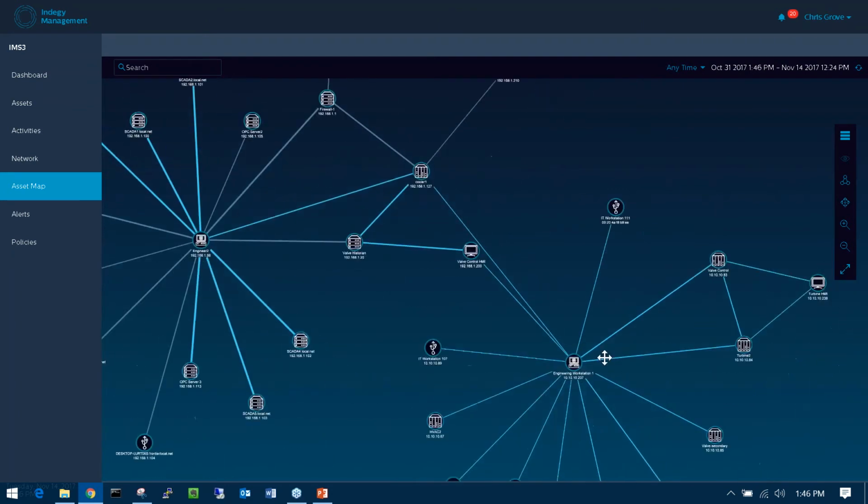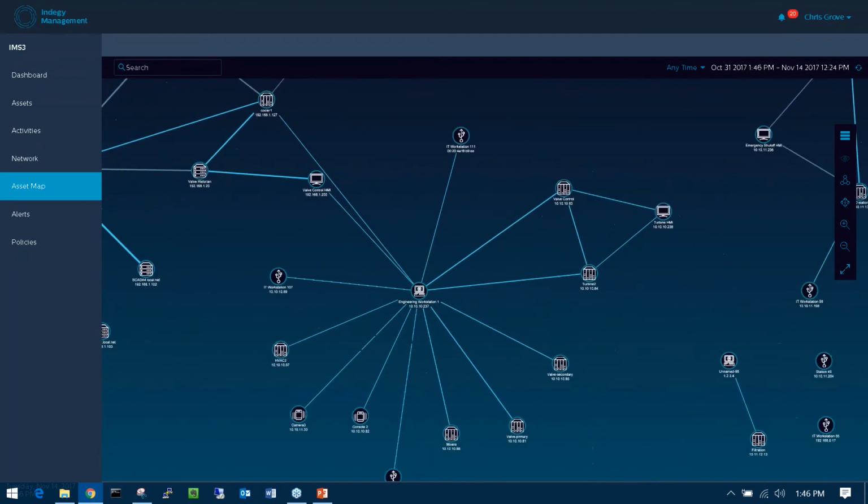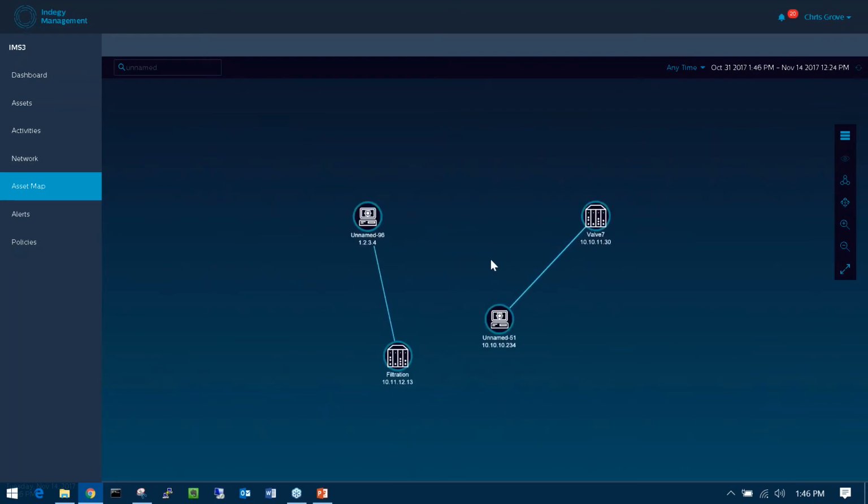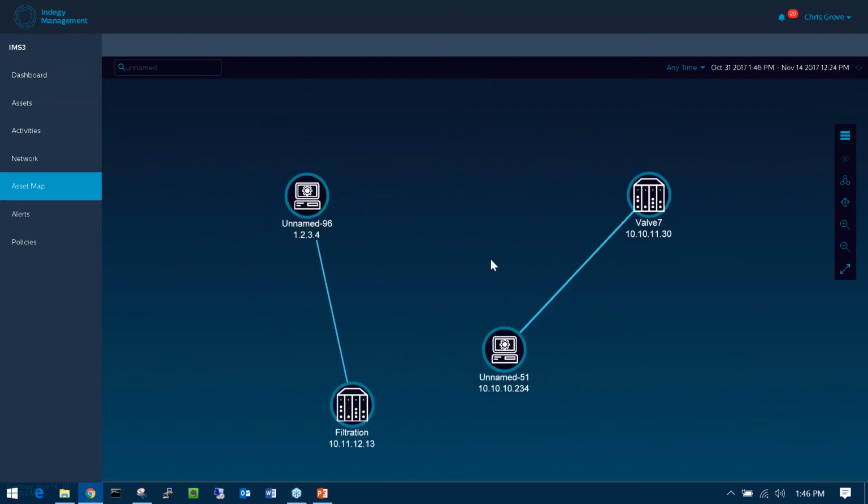So if I want to continue our use case here, which is we have these unnamed, unmanaged machines on our network, we have anomalous inventory that we're trying to chase. So I'm going to focus on just these gentlemen and see what we got. You can see we end up with two disconnected pieces of equipment here, networks.